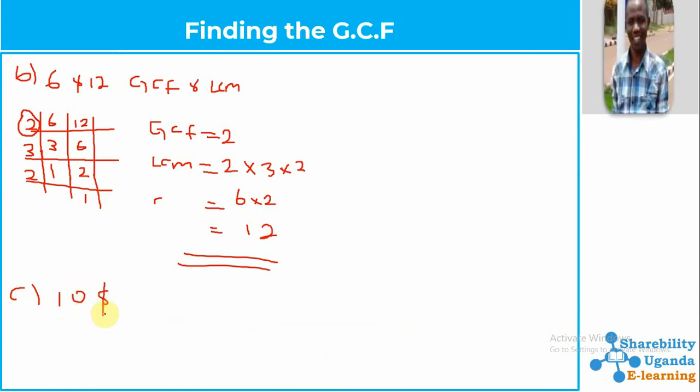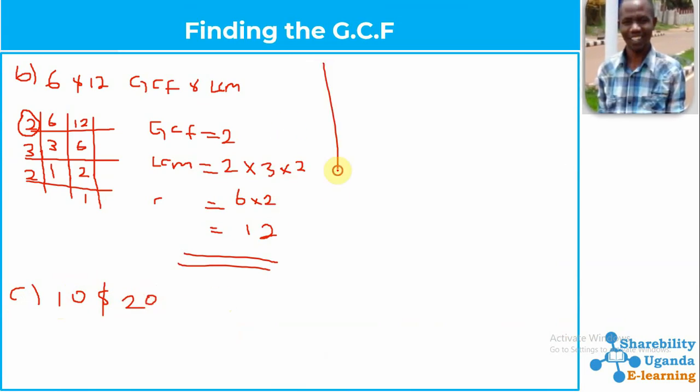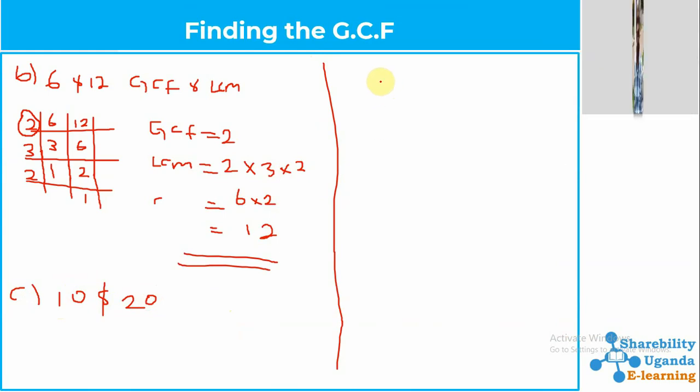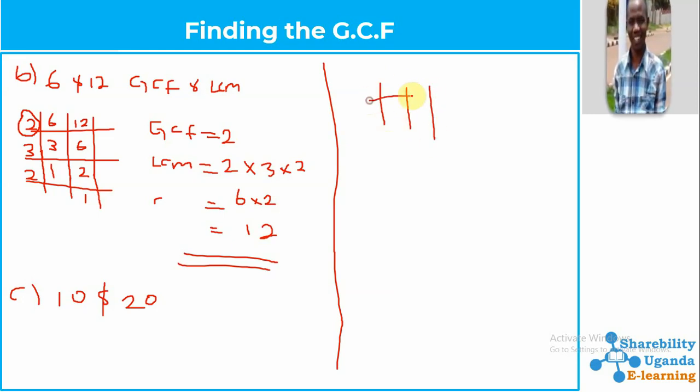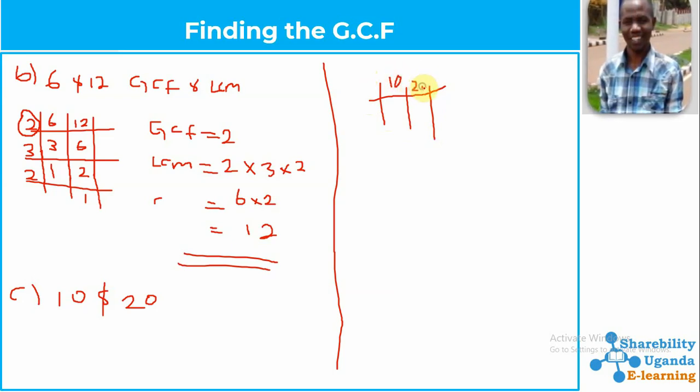So when you have 10 and 20, let's bring it this side. We draw our ladder. This is going to be 10, and this is going to be our 20.